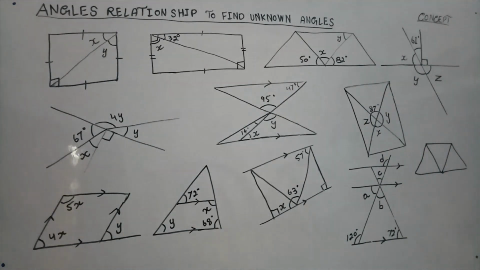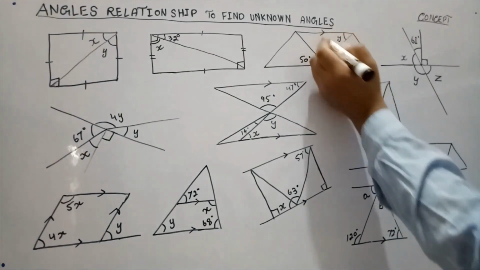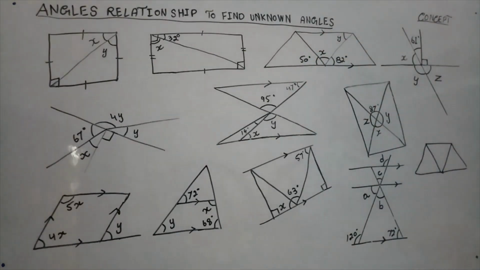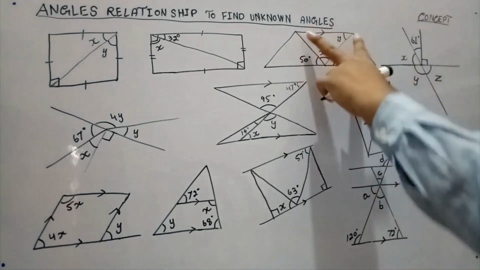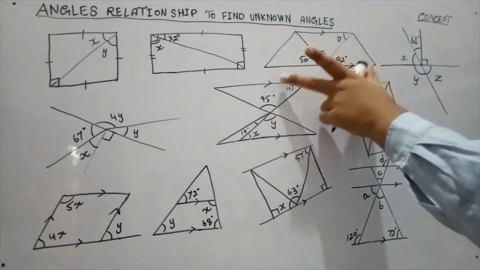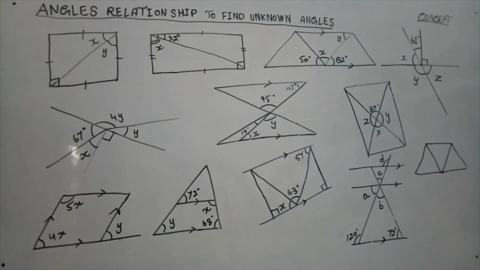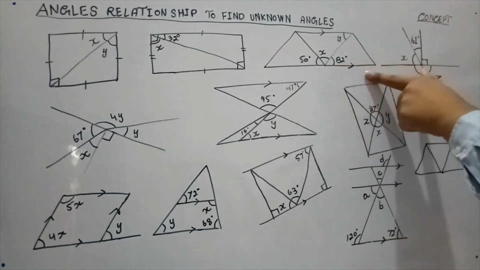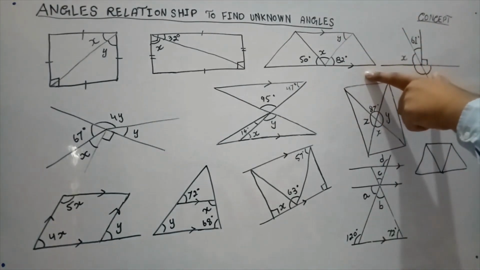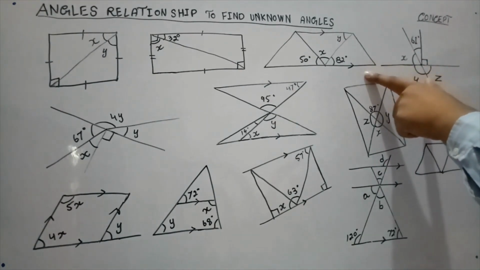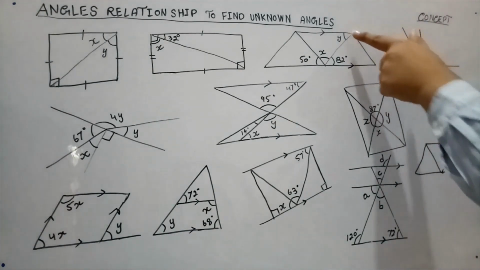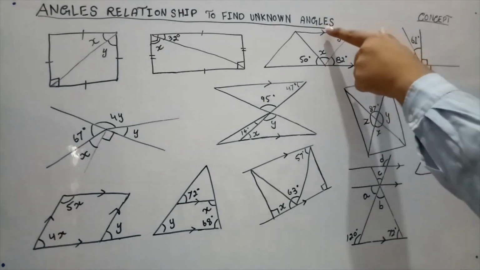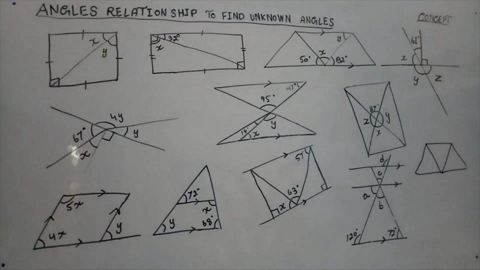I forgot to write one thing here. These two lines are parallel. Parallel means the distance from this line to this line will remain the same if we take the distance at any point. If we take the distance from here to here, it will be the same as from here to here and here to here and so on.